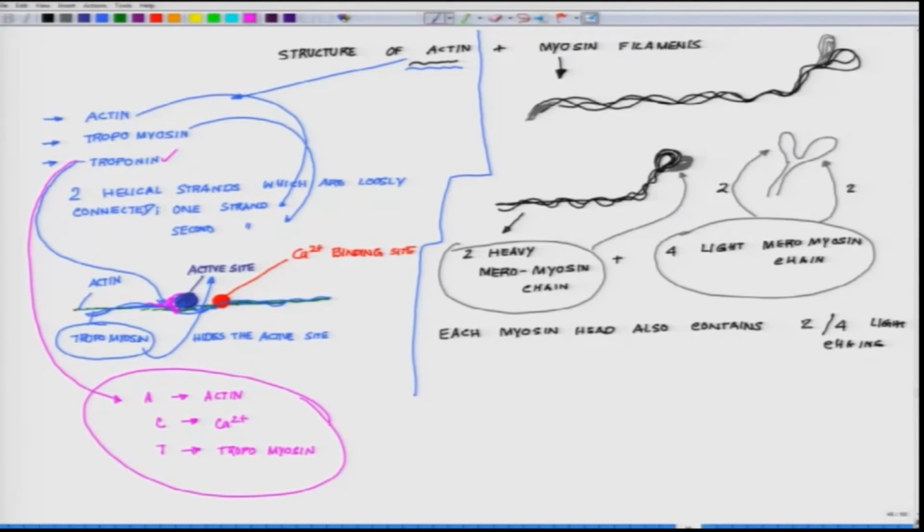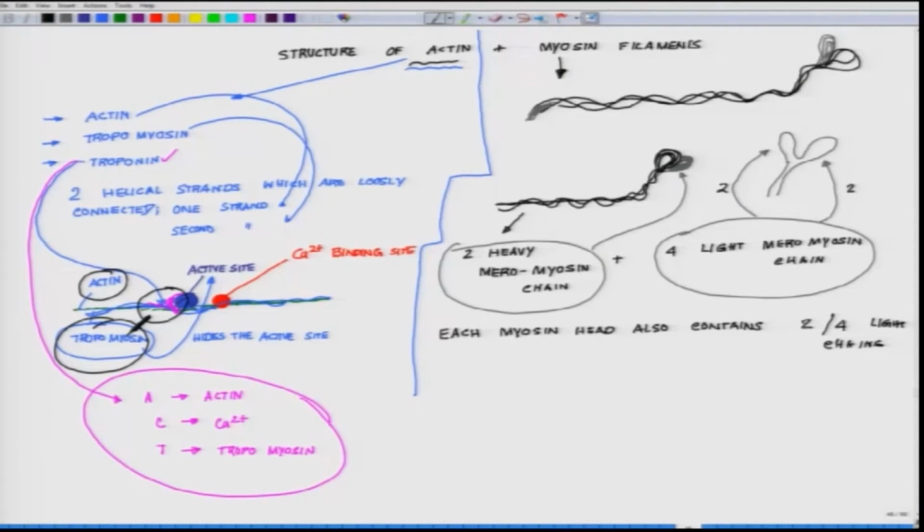So, now again let us re-summarize it. Actin filament is made up of actin 1, tropomyosin 2, and another molecule called troponin, which is the third one. Now, troponin interacts with the tropomyosin.